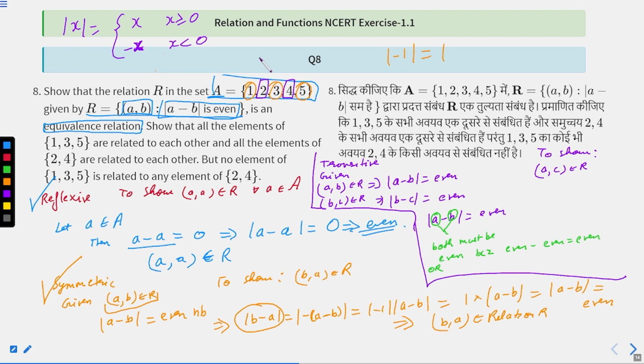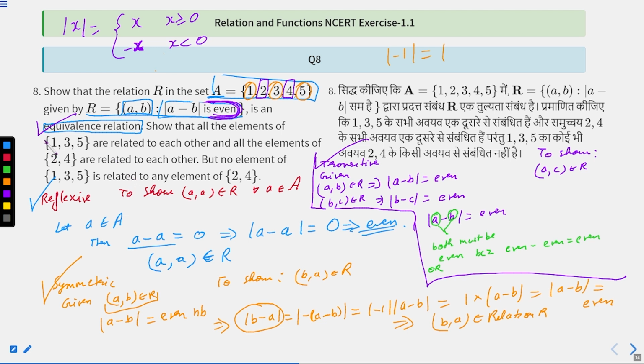But if you pick an odd and an even, the difference will be an odd number. Here the condition given is that we want the modulus to be an even number. So it is transitive also, and so it is an equivalence relation. I hope this is very clear to you.